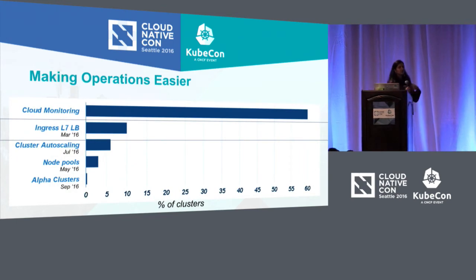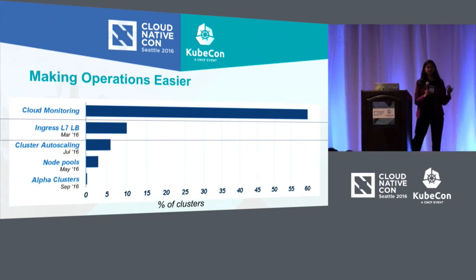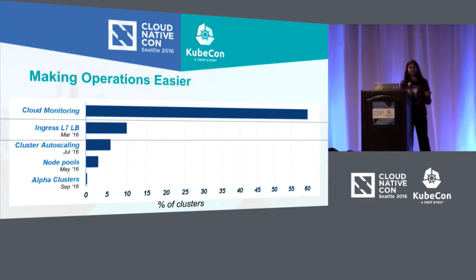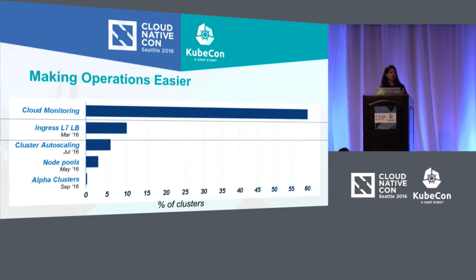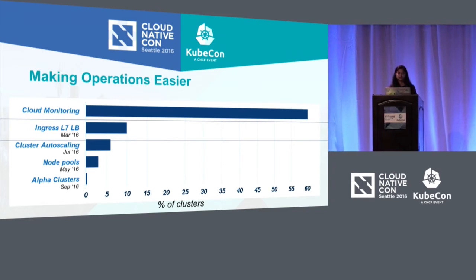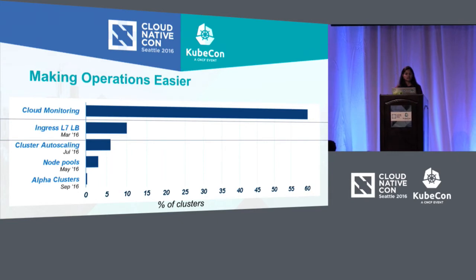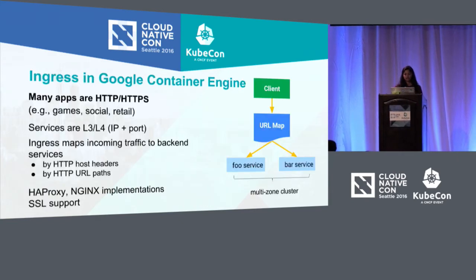The second additional feature that's actually very popular is Ingress L7 LB. And I would say it's also very powerful. Many of our customers who are global gaming companies, or companies that have IoT solutions available in multiple geographies, like using the Ingress L7 load balancer.